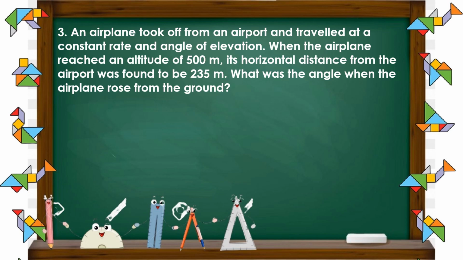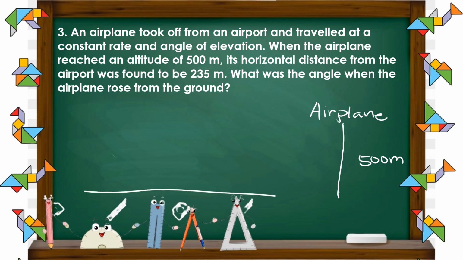An airplane took off from an airport and traveled at a constant rate and an angle of elevation. So we have an airplane. When the airplane reached an altitude of 500 meters, that's the height, its horizontal distance from the airport was found to be 235 meters.